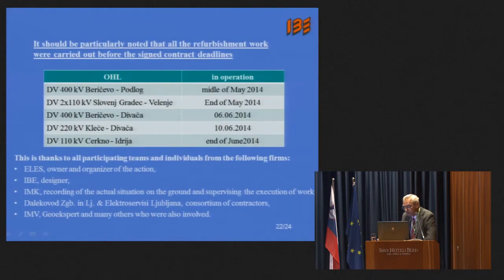And I would like to stress that all actions were finished before the deadlines which were signed in the contracts. So that means that the people who were engaged, and the institutions written here, worked with the heart.